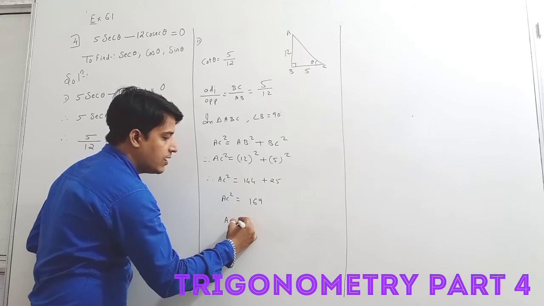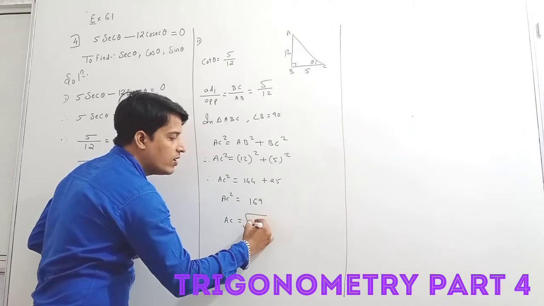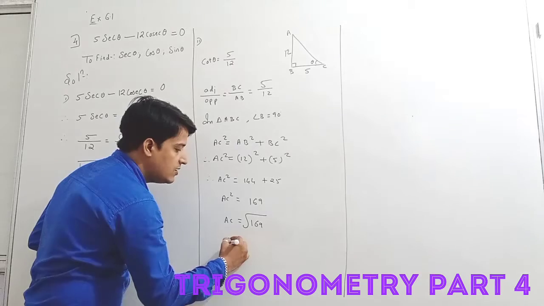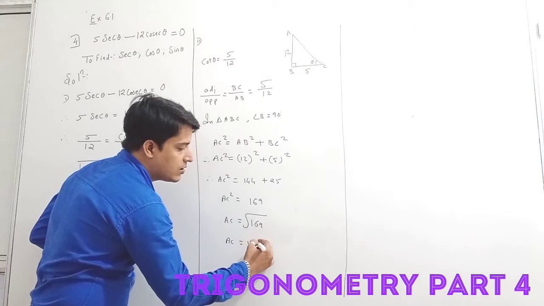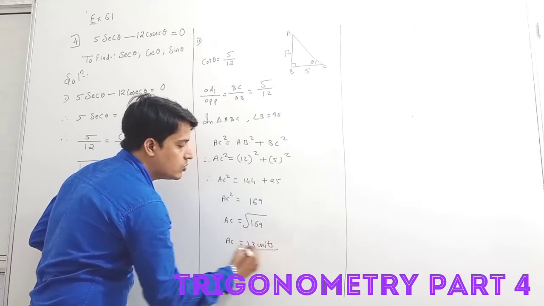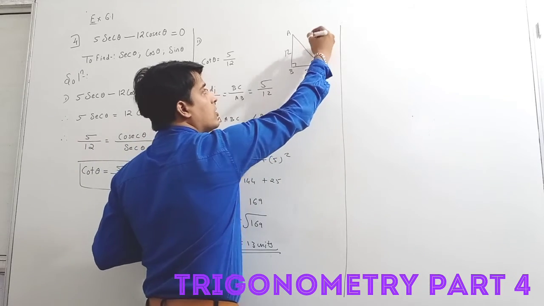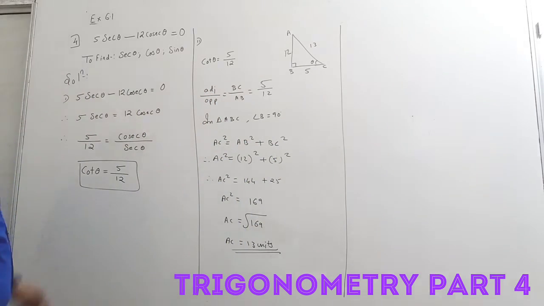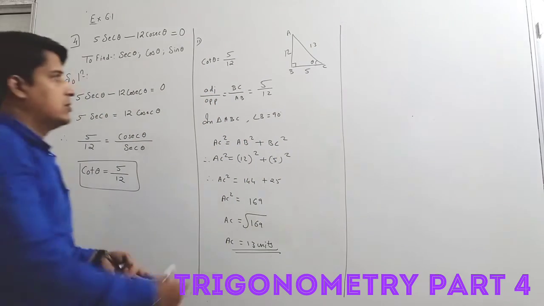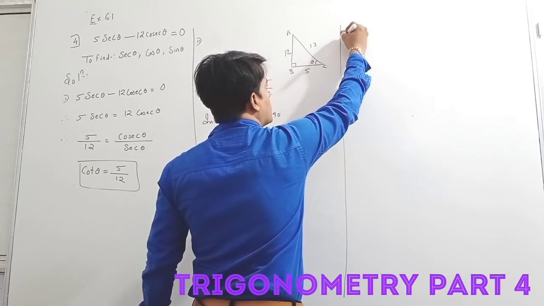Wherein I can say AC equals square root of 169. AC comes to 13 units. So I got AC as 13. Now the last step, the third step.